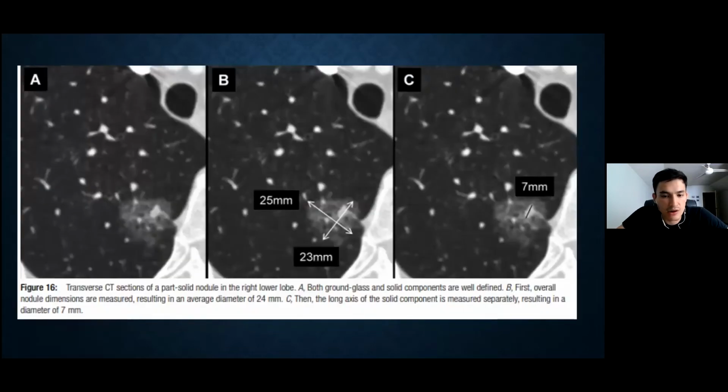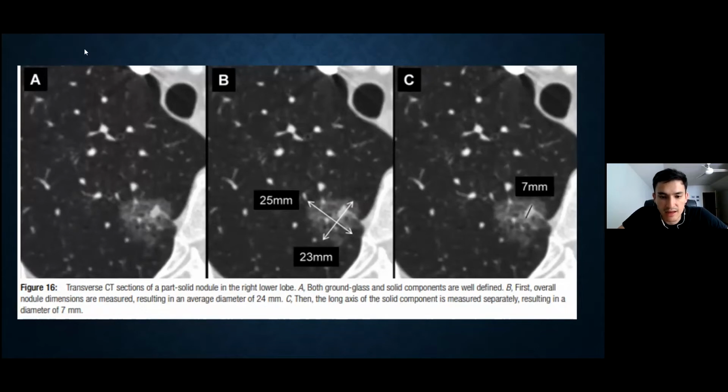This is how we measure the partial solid nodules. So first, to measure the entire nodule, the long axis in this case is 25 millimeters and the short axis is 23 millimeters. And then we measure the solid component.